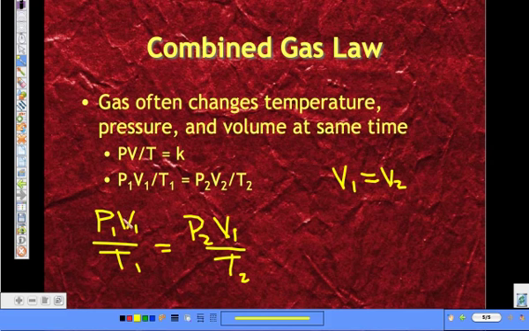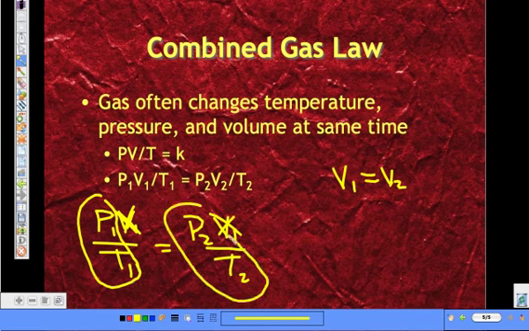And what would happen if I took V1 divided by V1? They cancel each other out. So if they tell me that volume remains constant, I can just take volume out of that equation, and I'd be left with this relationship here. And that goes with any of the variables. If they tell me pressure is constant, I can get rid of pressure out of this equation, and I'm left with volume over temperature. So whatever variable remains constant, you can just leave out of this equation.